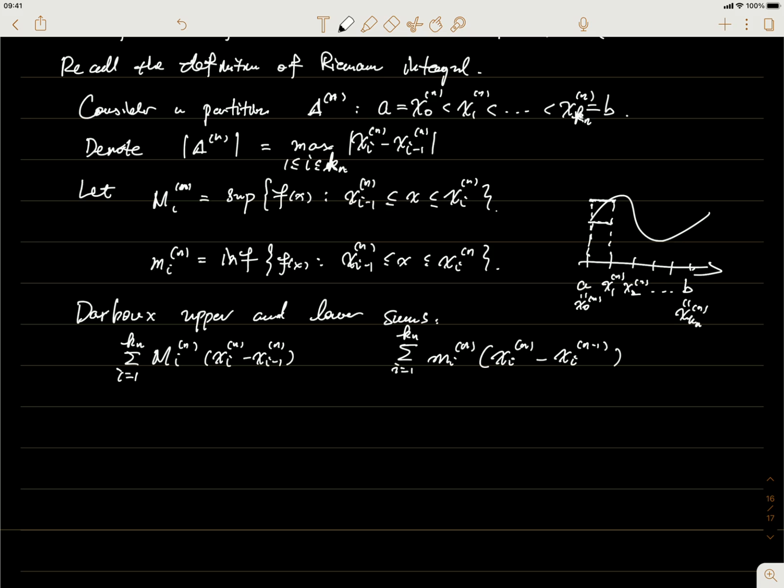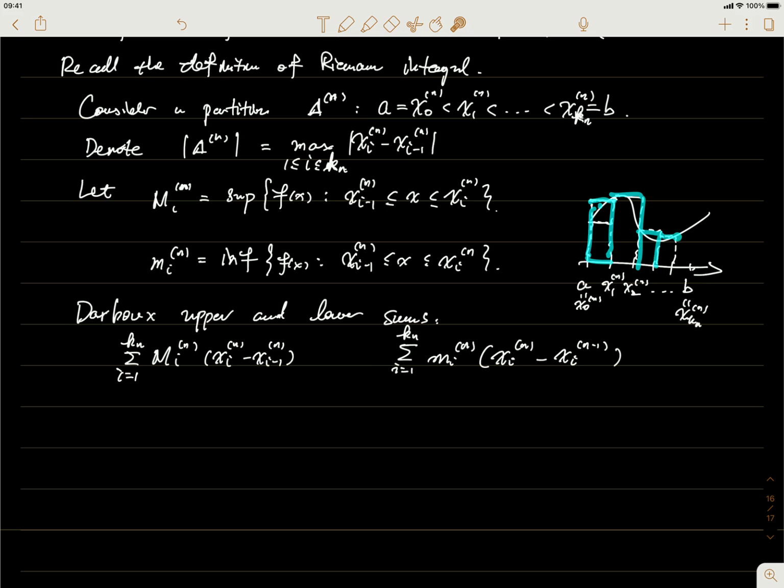So the Darboux upper sum is to use the upper estimate like this to estimate the integral. You just take the sum of those rectangles, like this one plus this one.